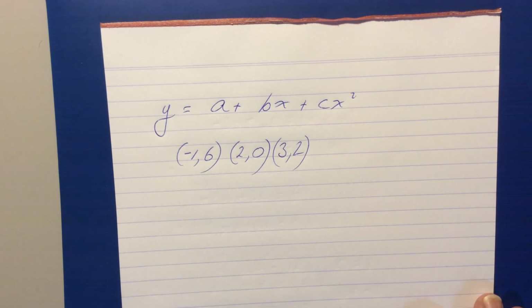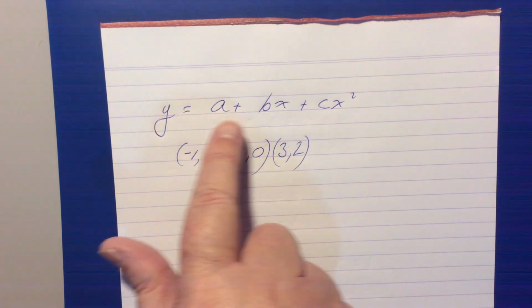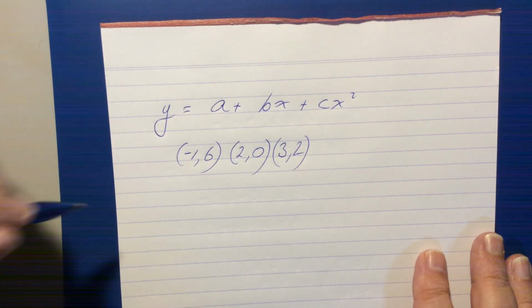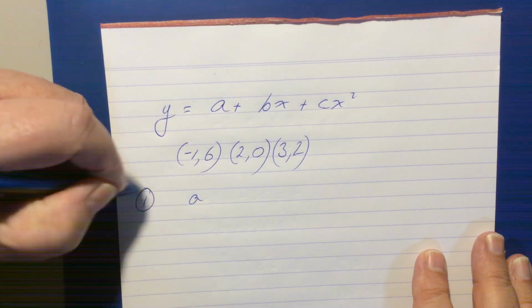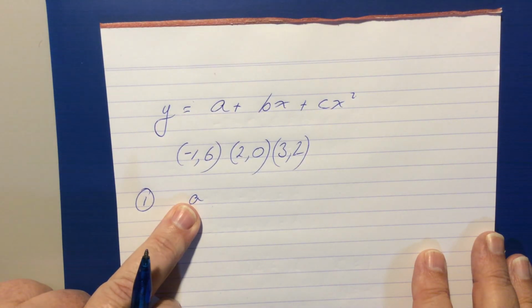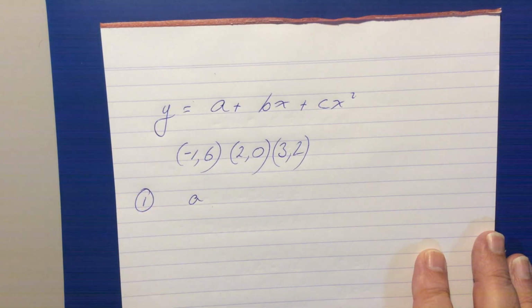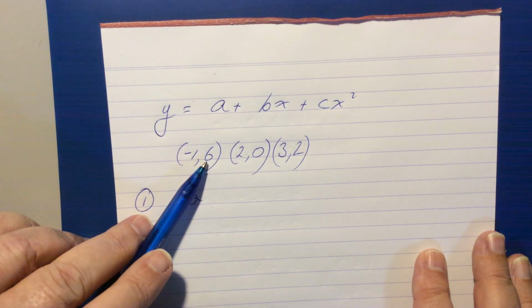And how we go about this is by inserting these values into this function. So let's set about that. Now a is the constant, so we will just put a here. We won't do anything to it. Our first equation will involve this and this.